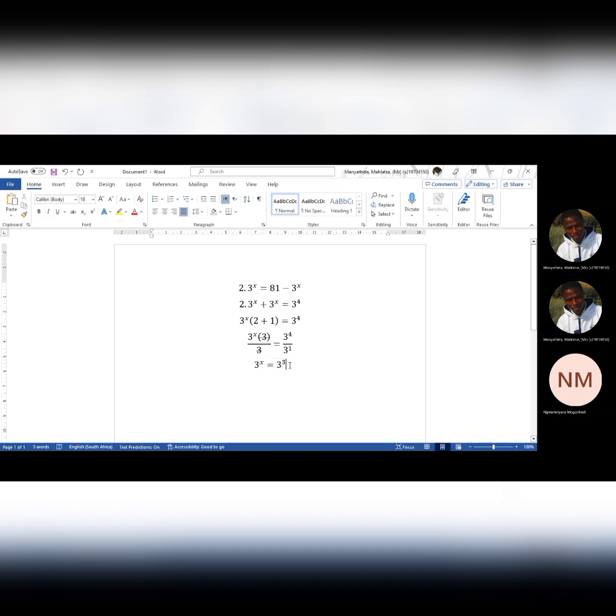And then again using laws of indices, when bases are the same, we equate the exponents.